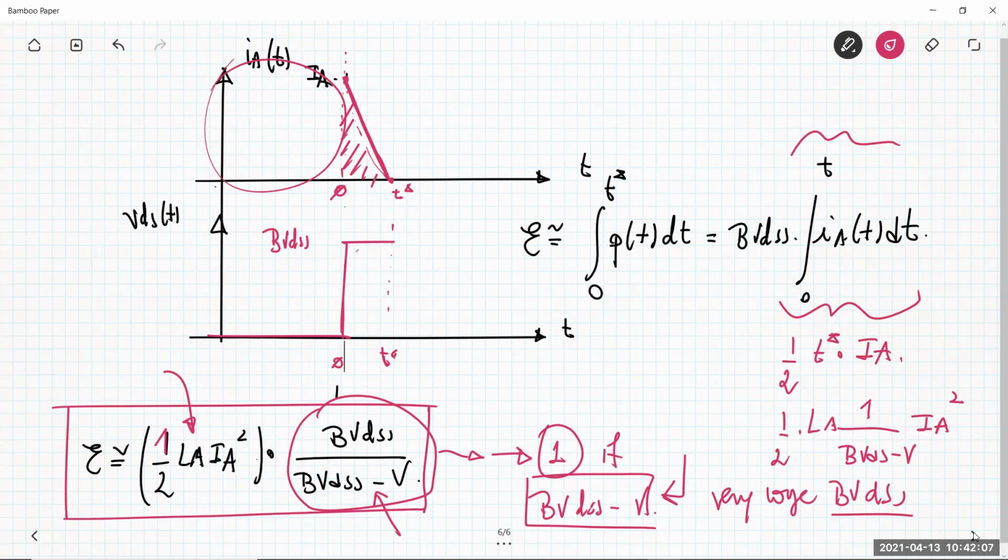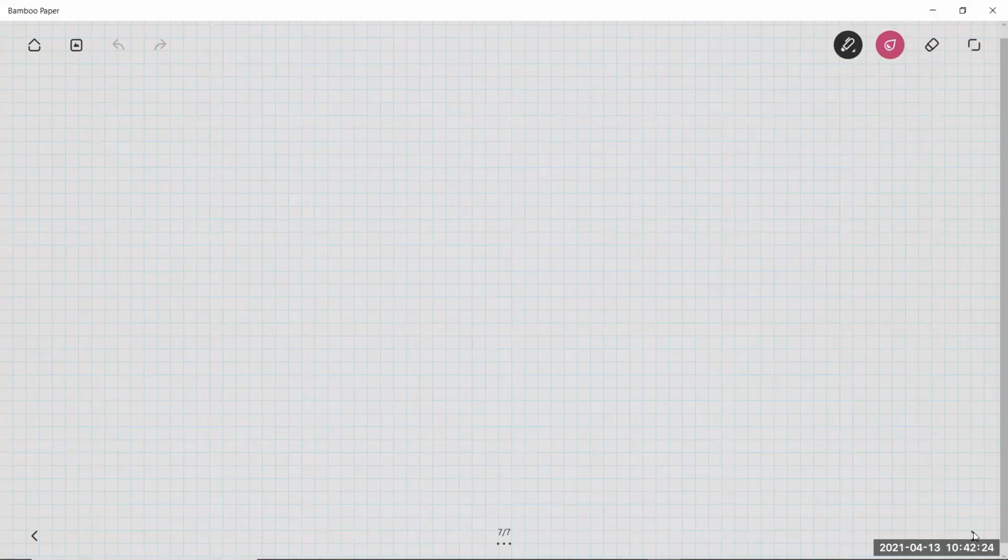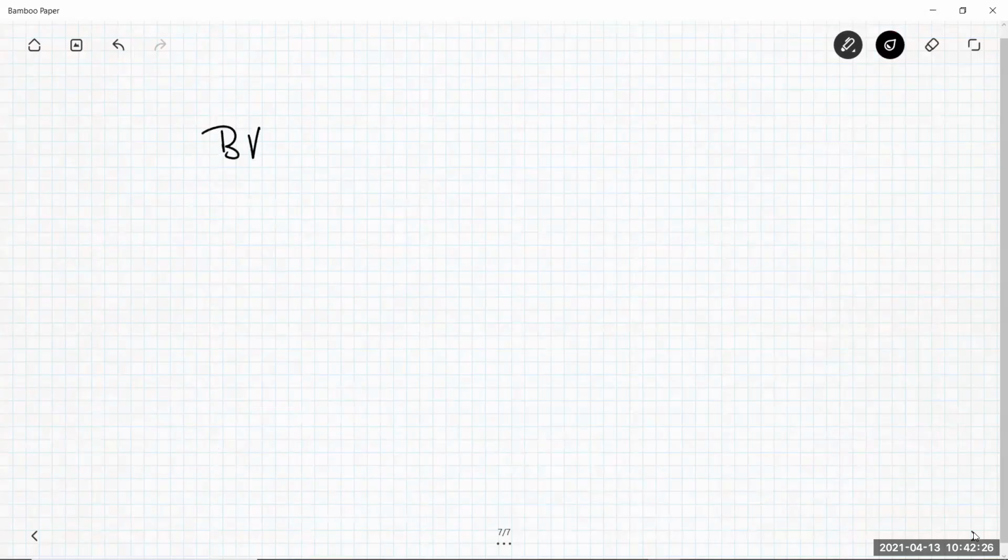So you have a trade-off between the energy involved, so the power dissipated during turn-off, and the power dissipated during turn-on, which is the conducting losses. Because an increasing breakdown voltage means that the on-resistance is also increasing. This is the basic trade-off you have to consider.